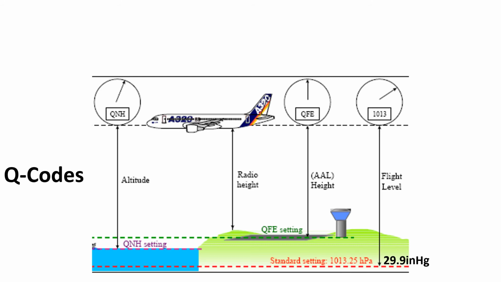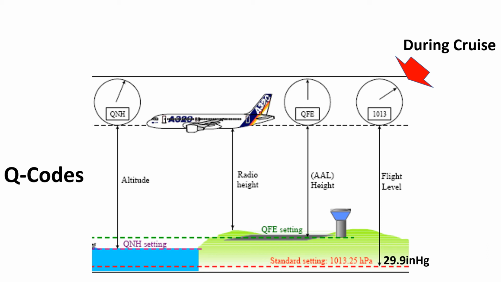During cruise conditions, we use 29.9 inch mercury, and then we get the altitude referenced at the ISA and standard pressure at sea level. But sometimes we need to change the pressure reference, and then we have the Q code we need to get familiar with. There are two scenarios we should pay attention to.